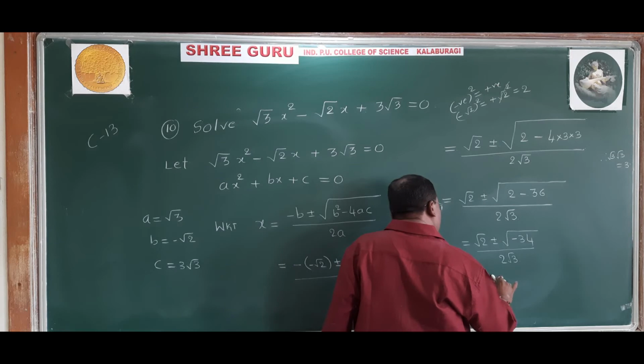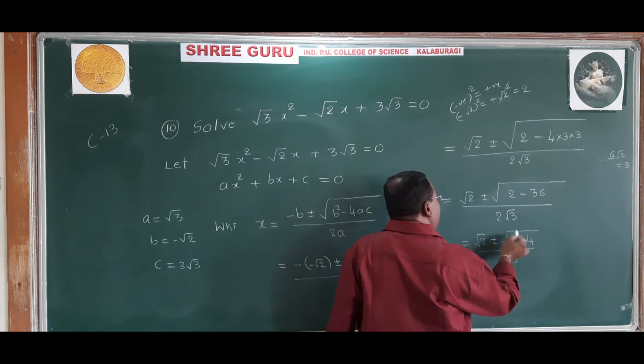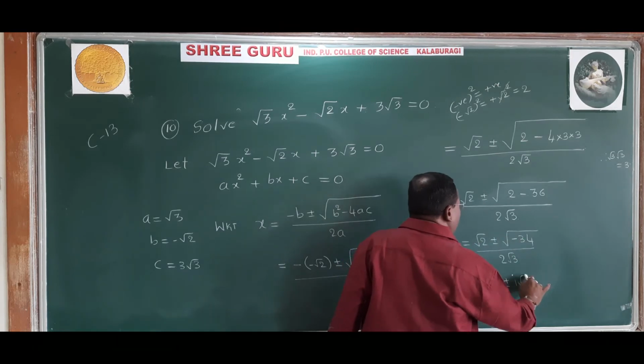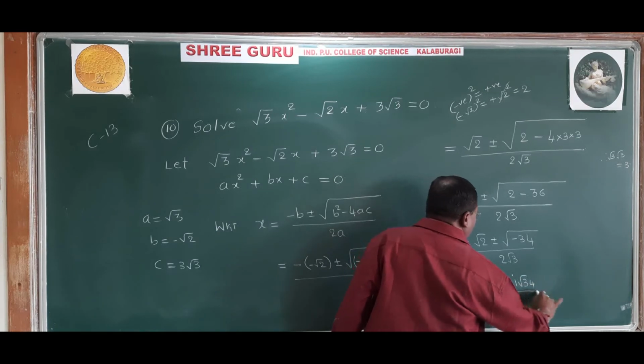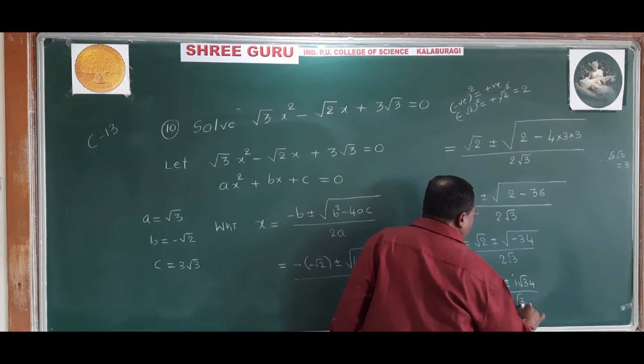Root 2 plus or minus, I take minus outside as imaginary i, root 34 divided by 2 root 3.